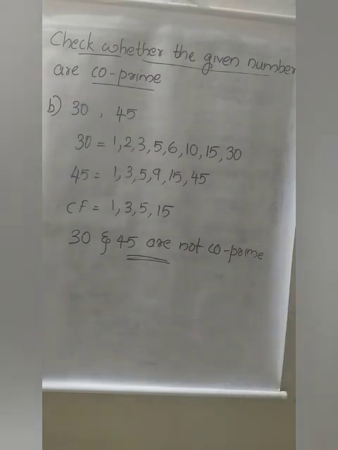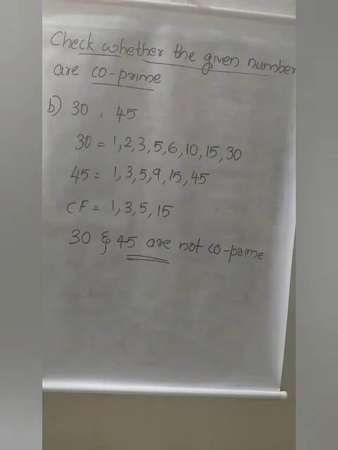Now comparing the common factors. Here 1 is a factor. Again we have 3 common in both. 5 is common in both. Again 15 is also common. So which common factors do we have here? 1, 3, 5 and 15. So can we say 30 and 45 are coprime?